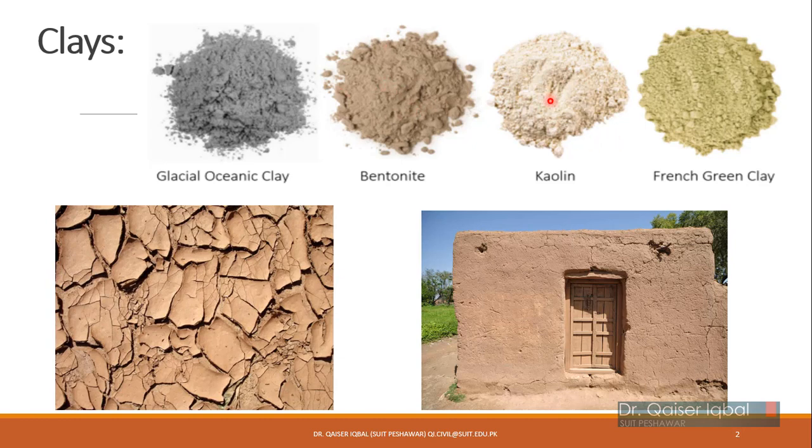Then you have kaolin clay, which is whitish in color, sometimes known as space white kaolin, commonly used in pottery, making the more ornamental type of pots which we usually find in the market. And then we have fresh green clay as well, which you can see over here.